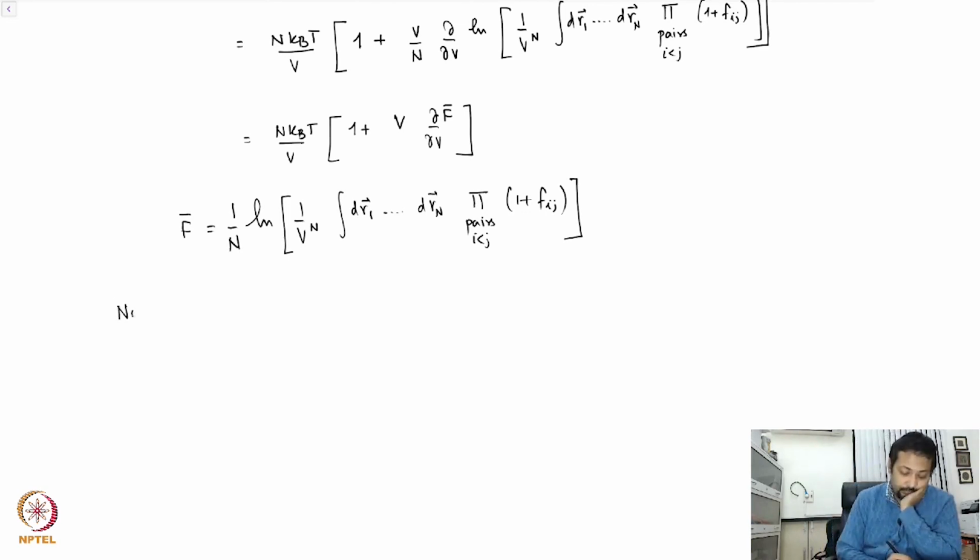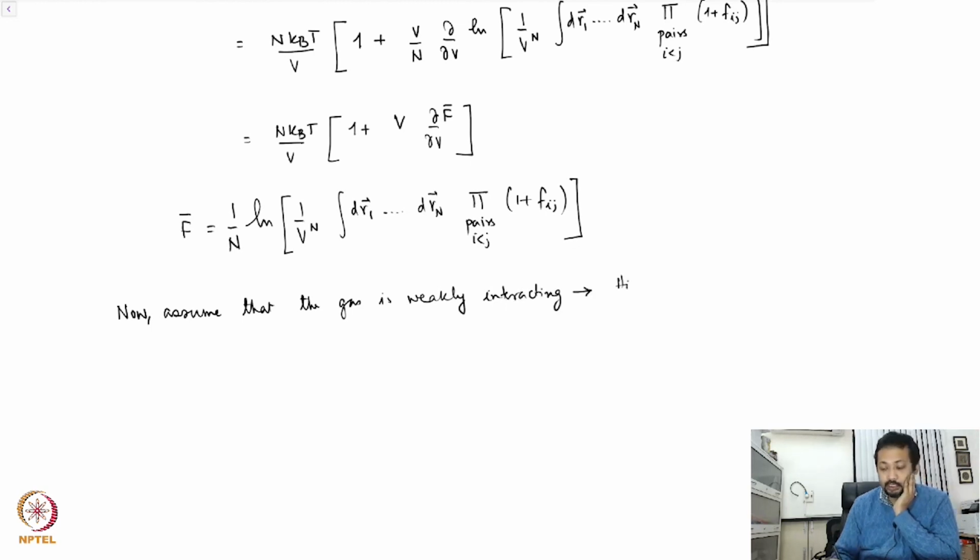Now, assume that the gas is weakly interacting, which means that you could be at a high temperature or a low density.